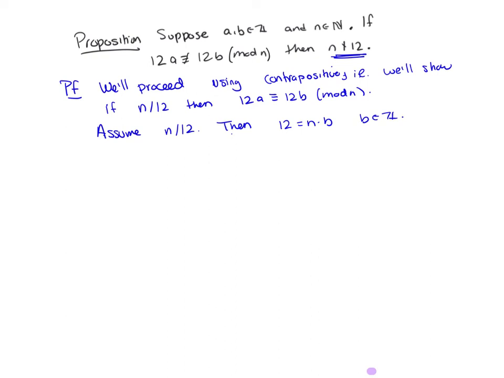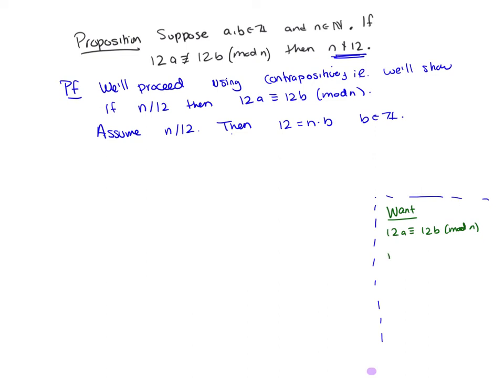So now where are we trying to go here? We're trying to get to the fact that 12a is congruent to 12b mod n.